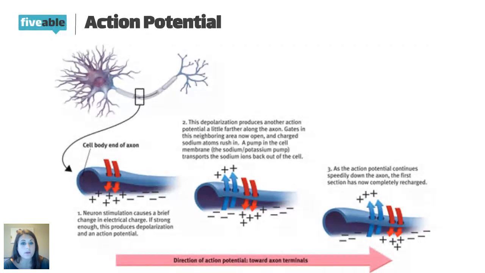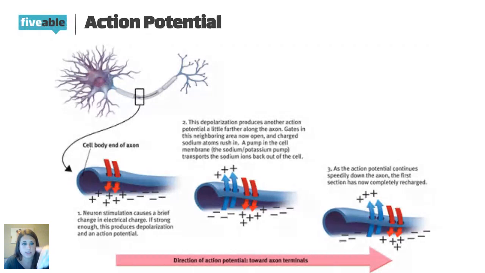Sodium ions, which are on the outside of the axon, rush in, and then they push out potassium ions. I would try to remember sodium and potassium. Sometimes they do get that specific. So sodium ions are rushing in, and then the potassium ions are pushed out.